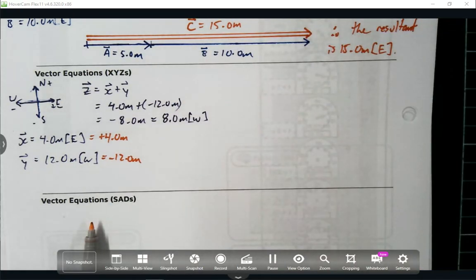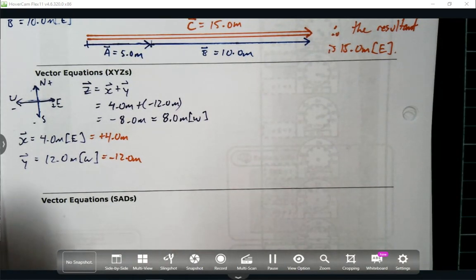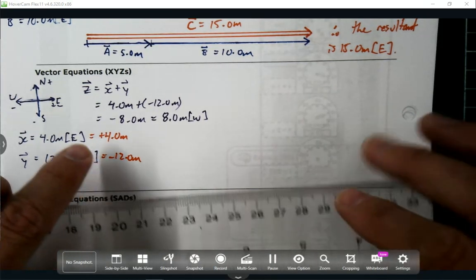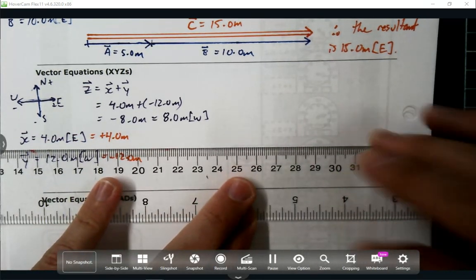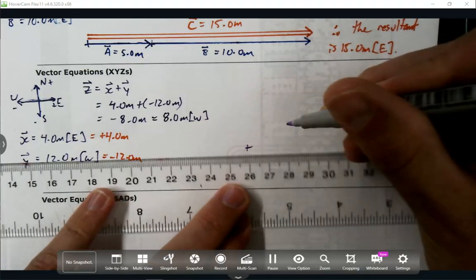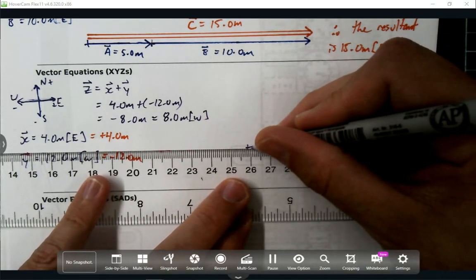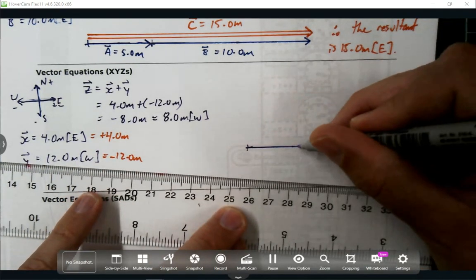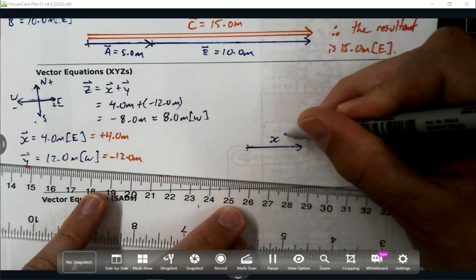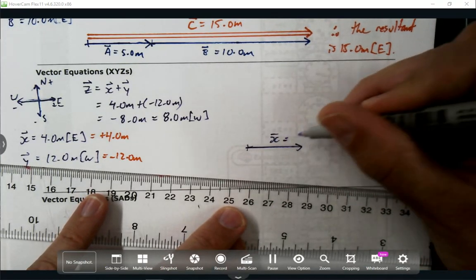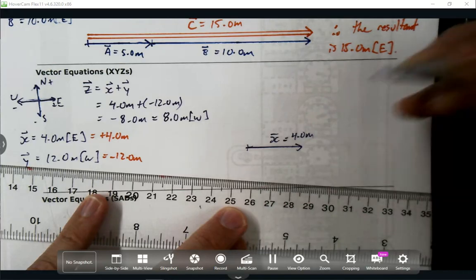But we got to be able to vector diagram this one out. So again, in a not terribly scaled way, I could say, all right, my first vector, vector X, goes over like this. 4.0 meters.